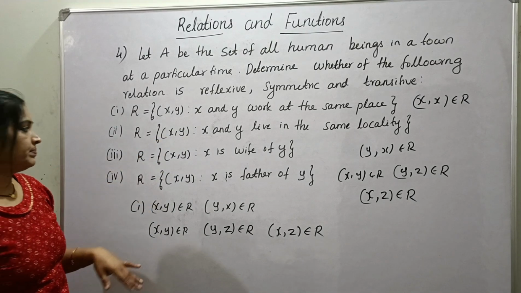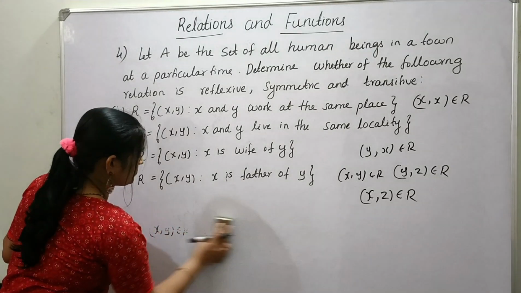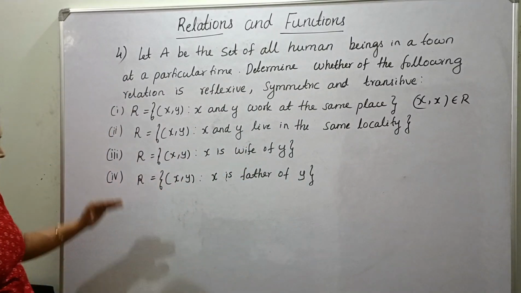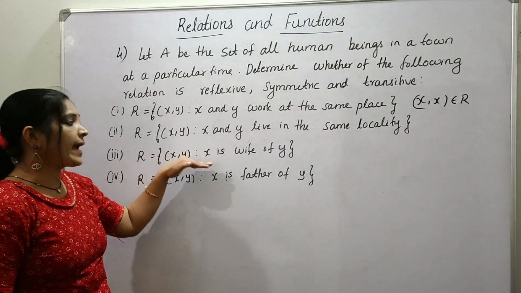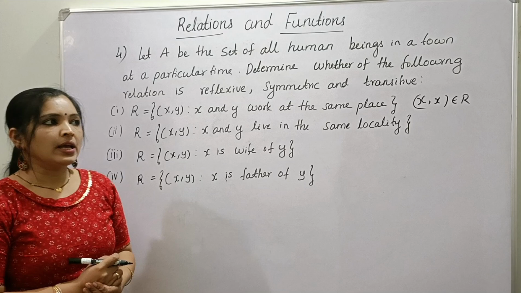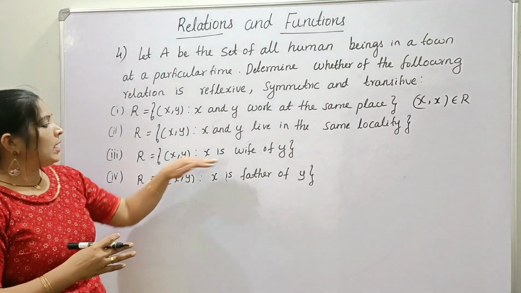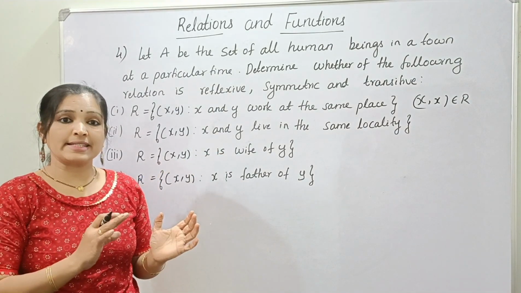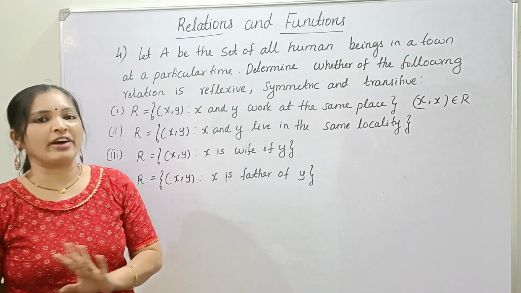Now what about the third one? See here, the relation is defined by xy such that x is wife of y. For reflexive, according to the definition, can we say x is wife of x? It is not possible, right? x is wife of only y.